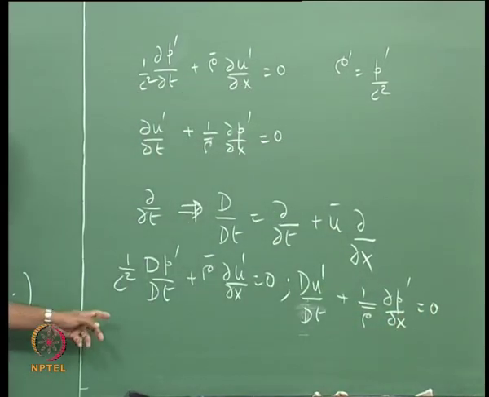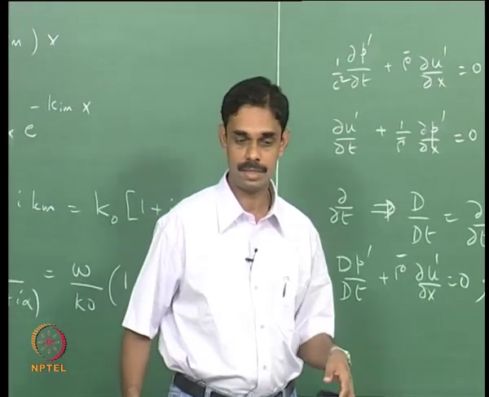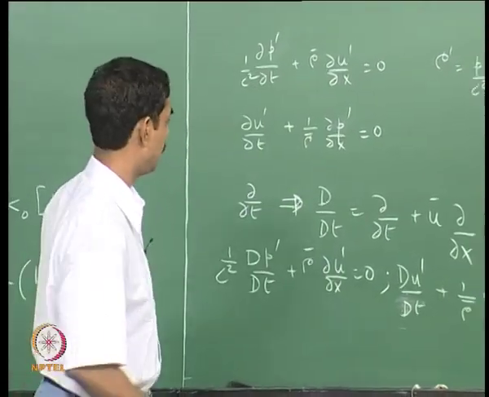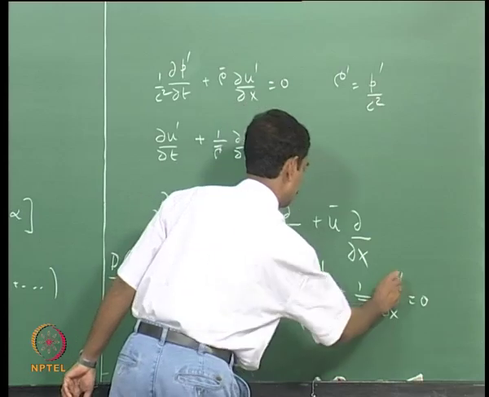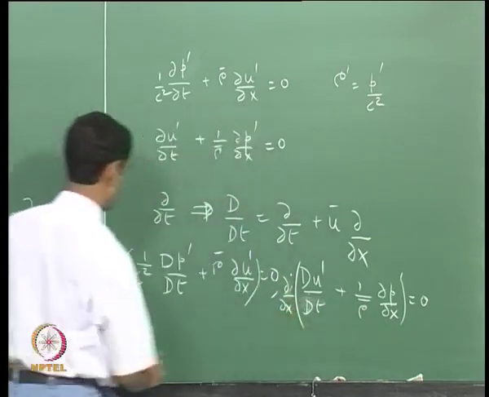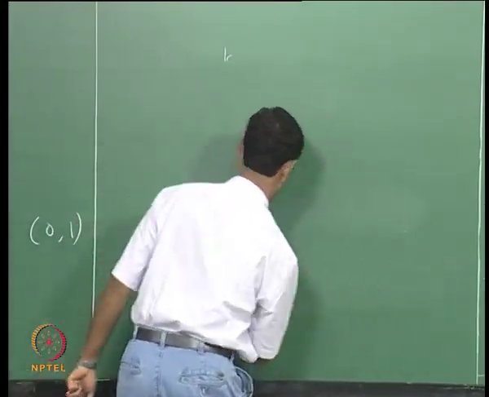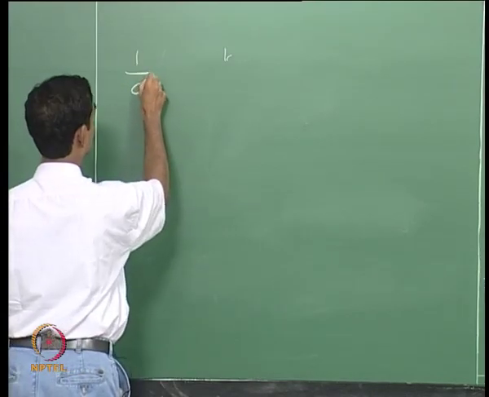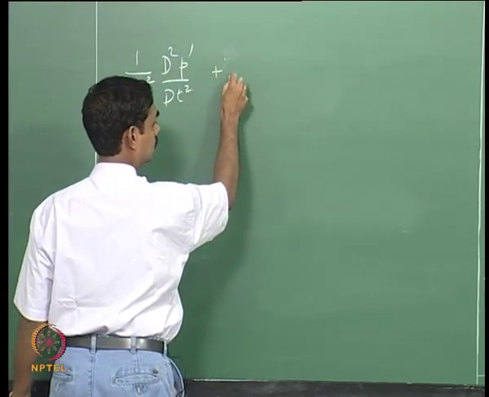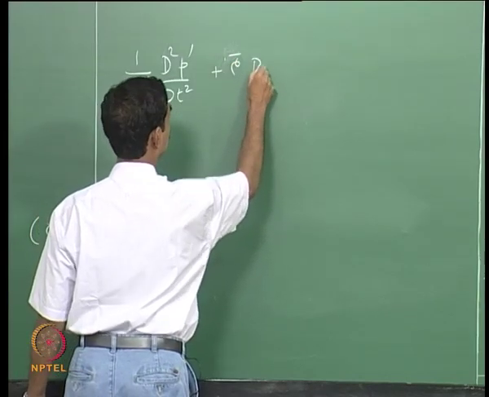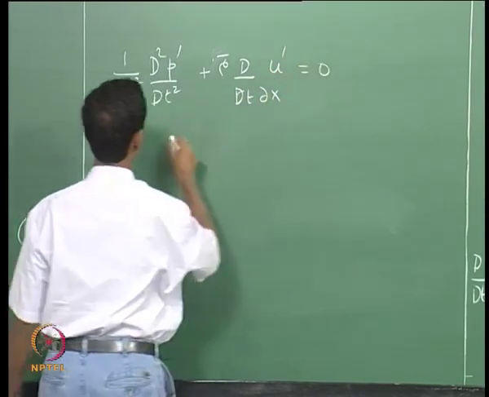So now we can do dou by dou x here and d by dt here, and you will get an equation of the form, let's do it: 1 over c squared d squared p prime by dt squared plus rho bar and the other equation will give.